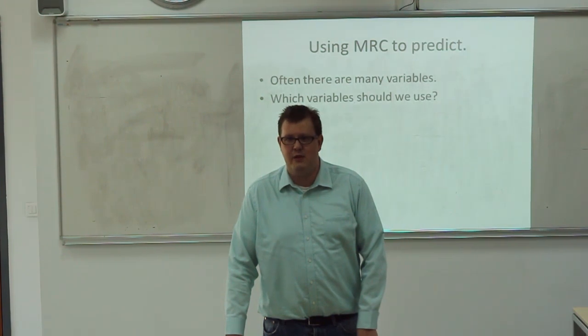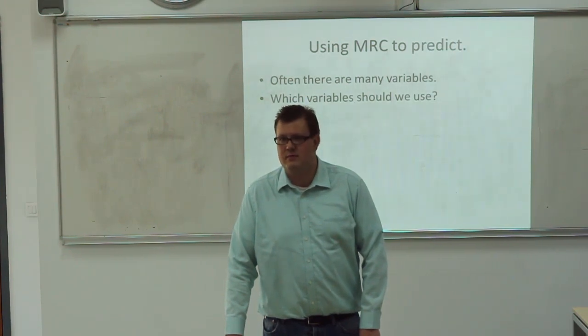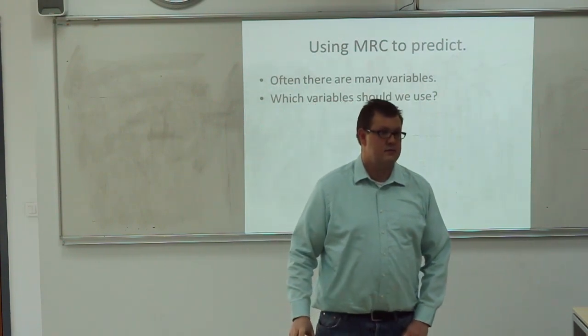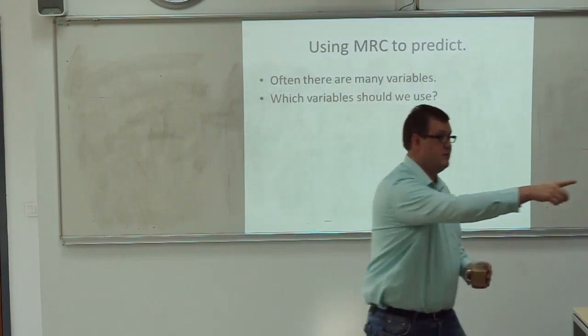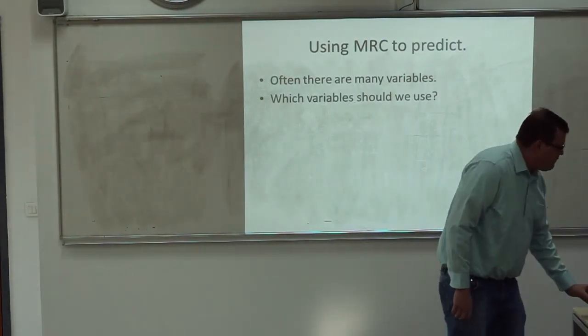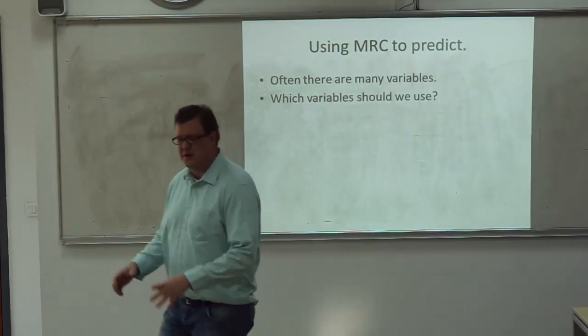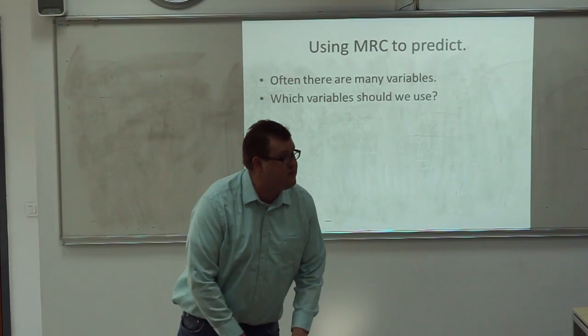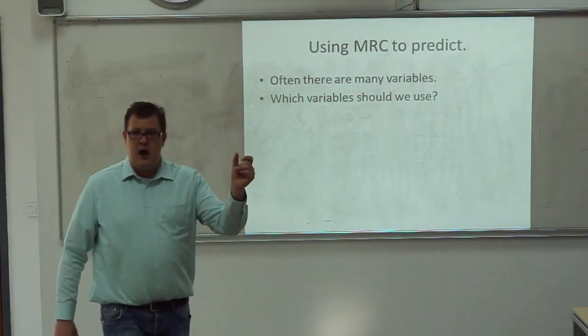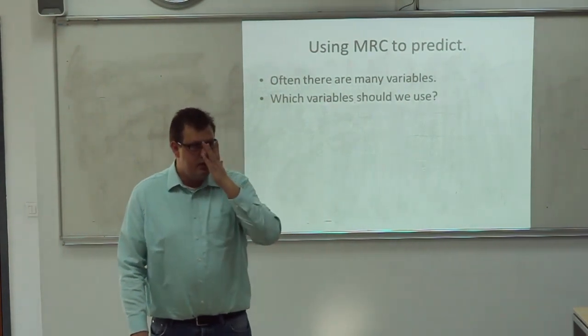What do you think would happen if we used all of them? We should have different effect sizes for the variables, which we haven't talked about how to calculate, but they're based on the correlation coefficients.